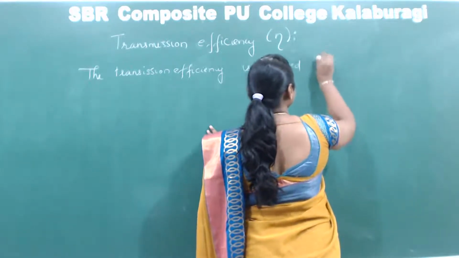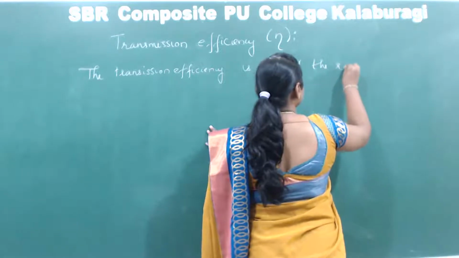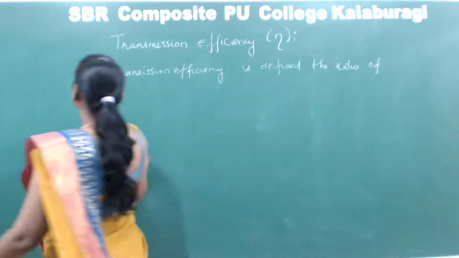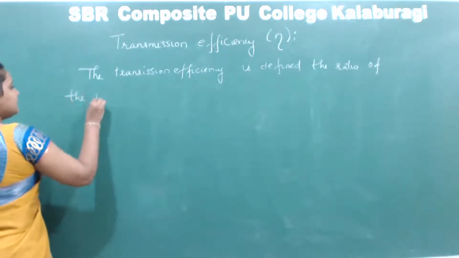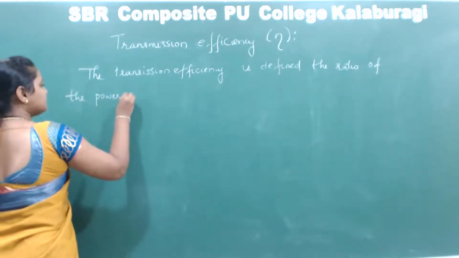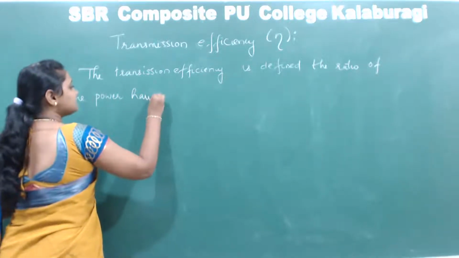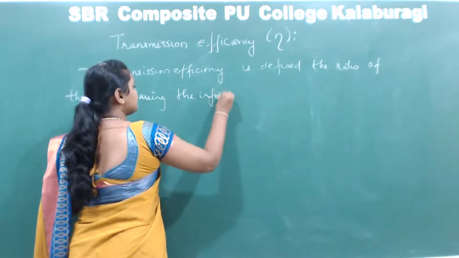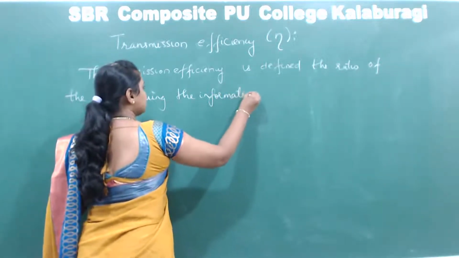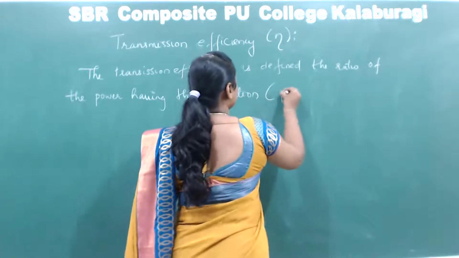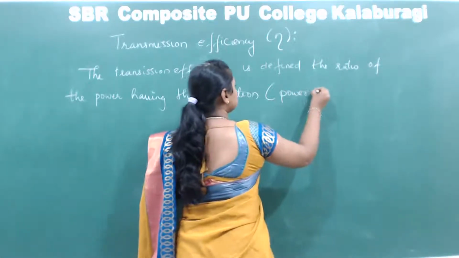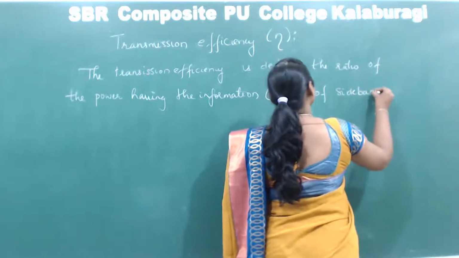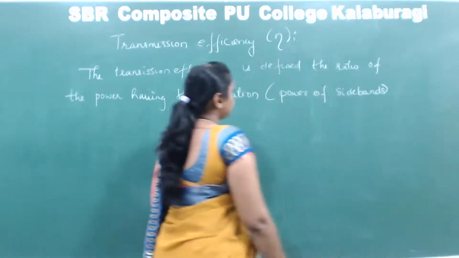the ratio of the power having the information, that means the power of sidebands, because the information is present in the sidebands, isn't it?